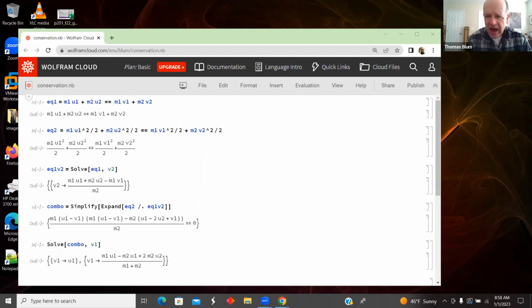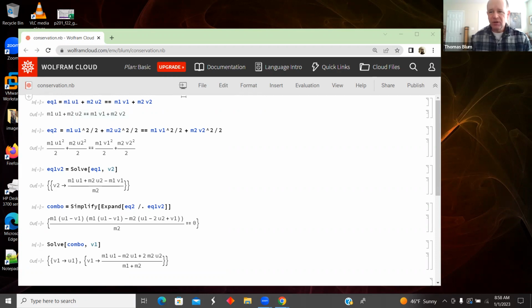And after that collision, M1 has a velocity of V1 and M2 a velocity of V2. So this first equation is the mass times the velocity of the one and the mass times the velocity of the other before, and that total system momentum should be equal to the momentum after.